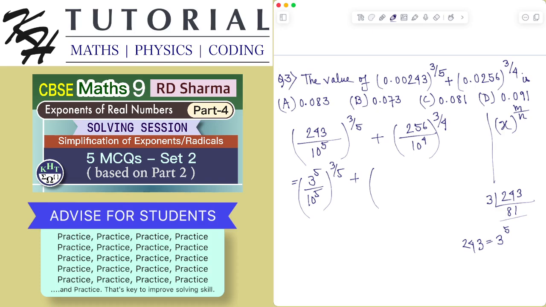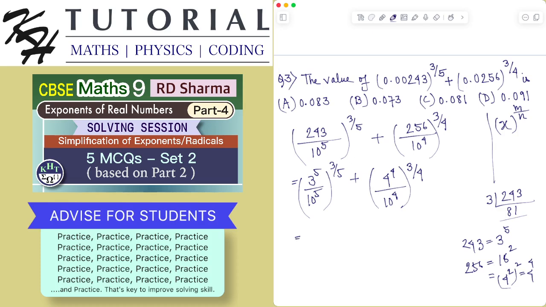Then I can express the whole base as a power of 4. 256 is 16 square, and 16 is 4 square. So 256 is 4 to the power 4, divided by 10 to the power 4. This whole is raised to the power 3 by 4.